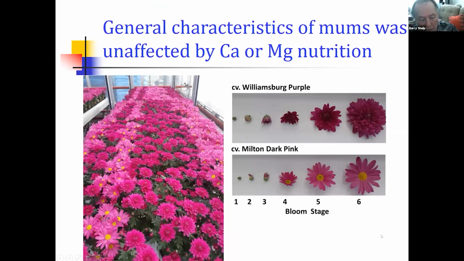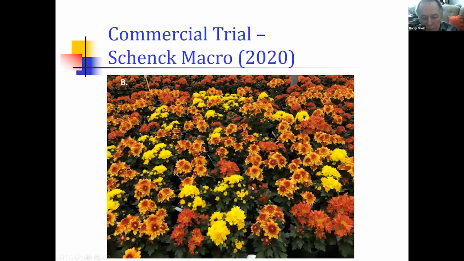In our research trial, the general characteristics of the plants were unaffected by either the magnesium or calcium level. This is just a typical picture from that trial showing the two cultivars. Then in the commercial trial, we used 4 different cultivars, and once again there were no effects, despite the serious decline in the nutrient supply.